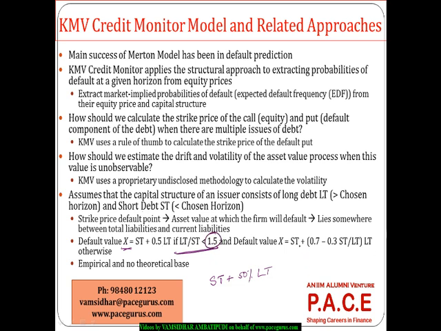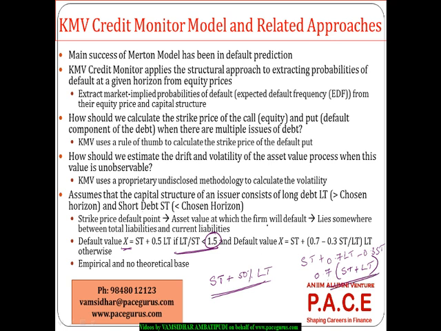Otherwise, they said short-term debt plus this. If you really look at it, this is nothing but short-term debt plus 0.7 long-term debt minus 0.3 short-term debt, which is also a simple way of saying 0.7 times (short-term plus long-term). Right? Either it is short-term plus 50% long-term, or it is 70% of the total.